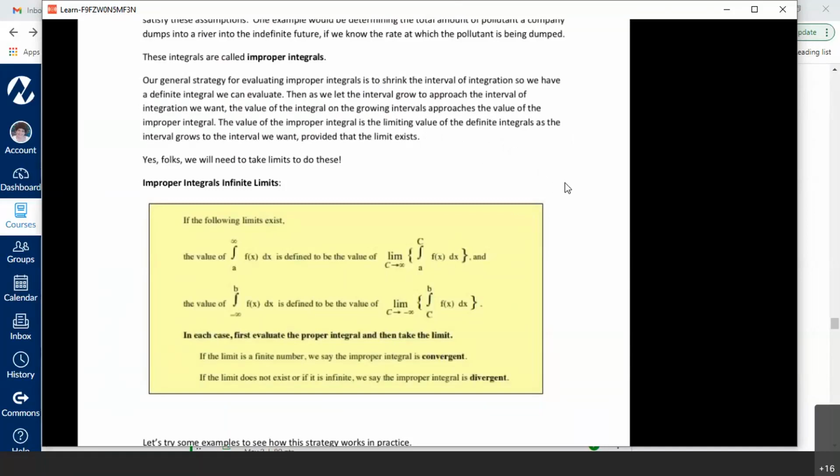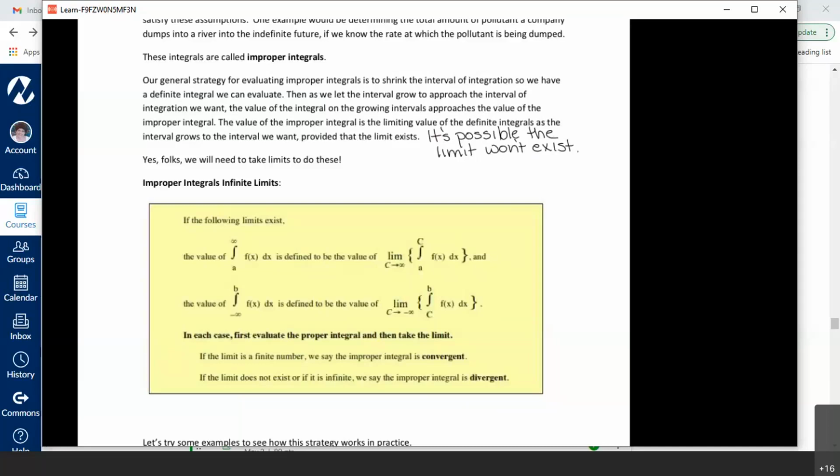Okay, and it's possible that the limit won't exist. Okay, so again, this is kind of not a case we've talked about yet. Whenever you've done a definite integral, except for one that was undefined in the middle somewhere, okay, you got a number. Okay, but it's possible that you'll take a limit at one or the other of these infinite bounds and you won't get a valid value. You'll get infinity or you get does not exist.